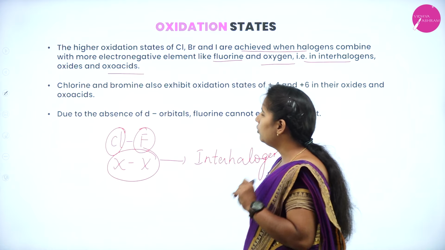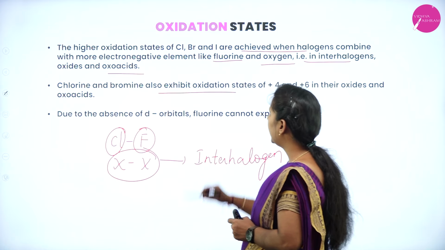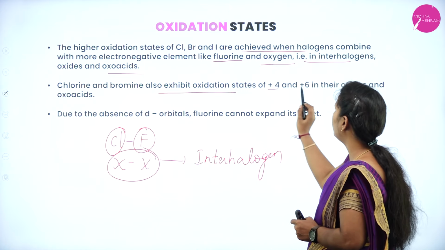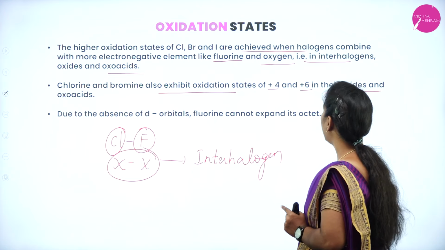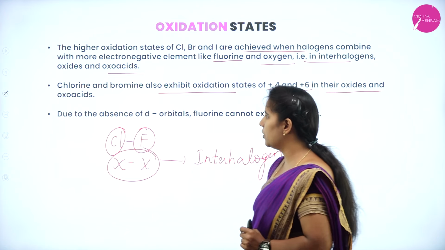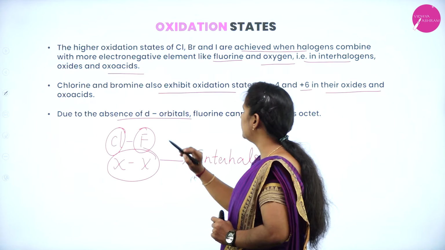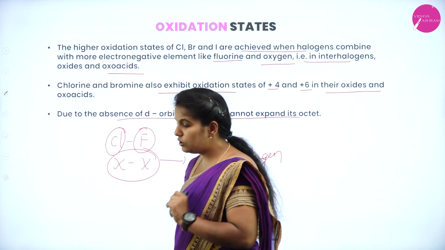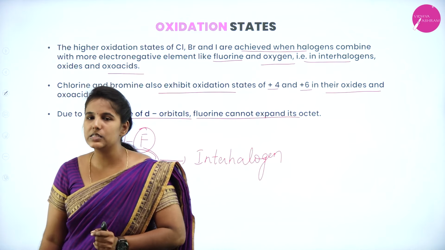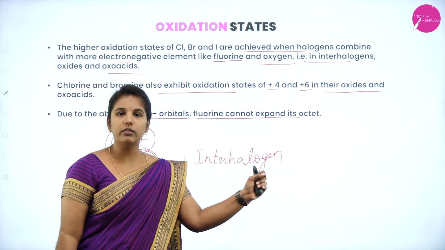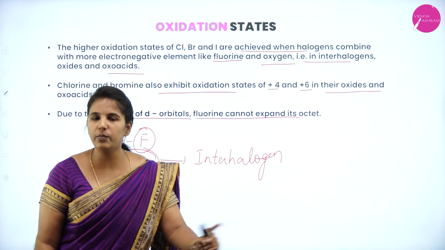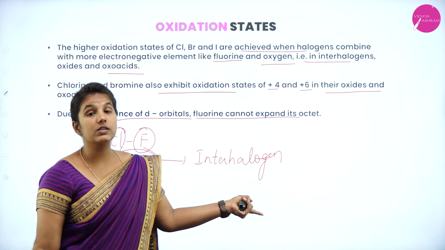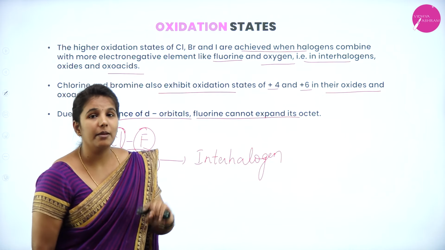Chlorine and bromine can also exhibit oxidation states of +4 and +6 in their oxides and oxo acids. Due to the absence of d orbital, as already explained, fluorine will not show +3, +5, +7, and even +1 oxidation state will not be exhibited by fluorine because of the absence of an empty d orbital.